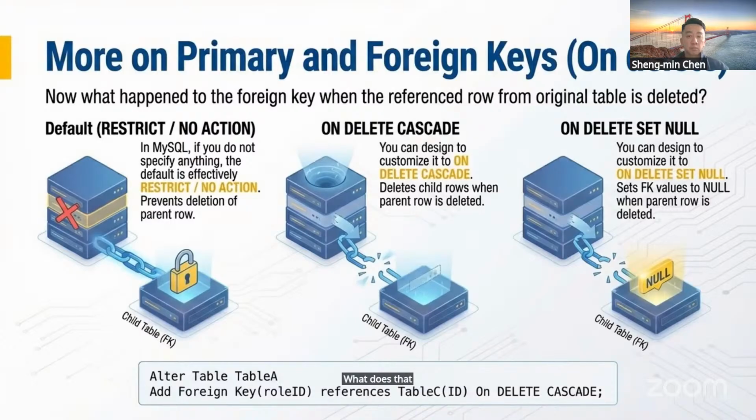What does that mean? If you say cascade, that means the child foreign key is going to be deleted along with the entire row of that key. Cascade means that it's going to follow the same action as its primary key row did.